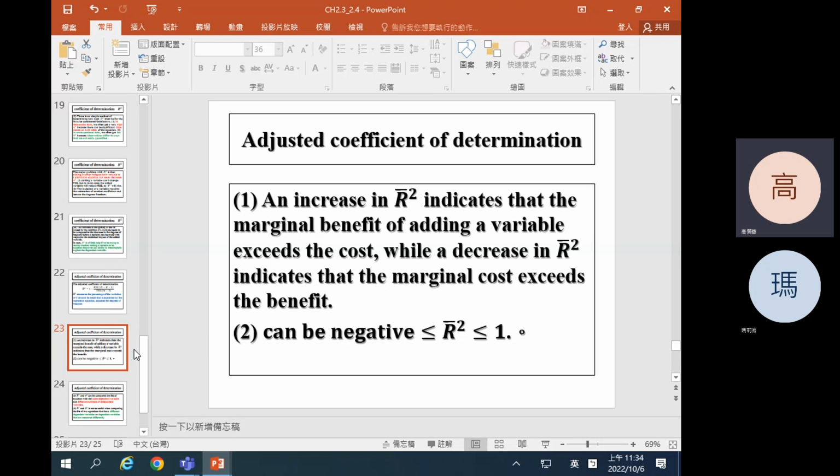If it is an important factor included in the regression, then we get more benefit than cost. Adding one more variable is a cost because it reduces the degrees of freedom and makes the adjusted R squared even smaller.